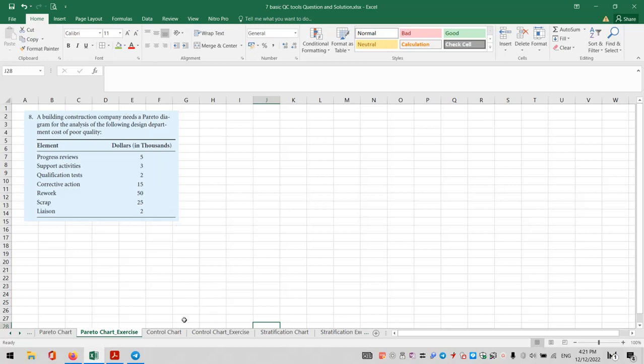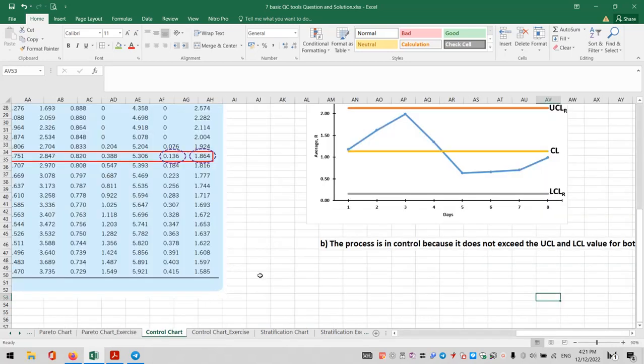And let's take a look at the control chart.